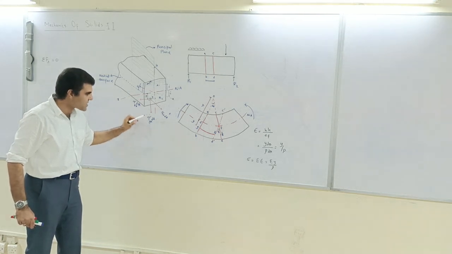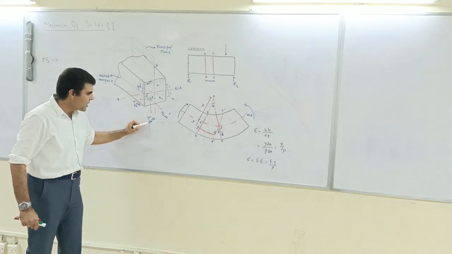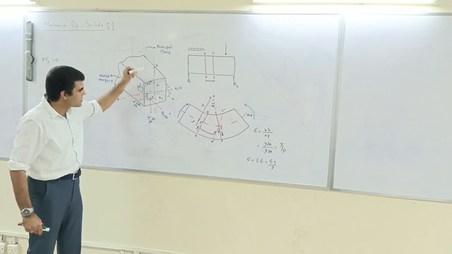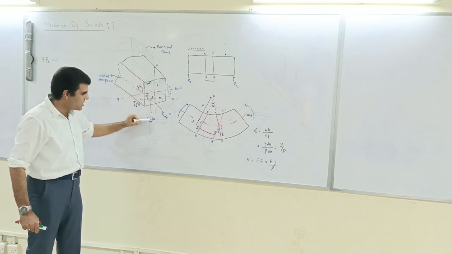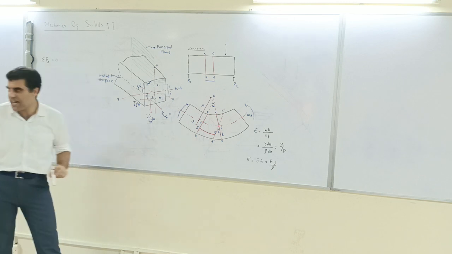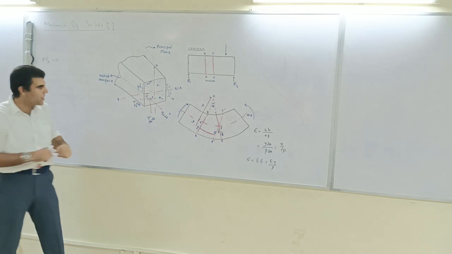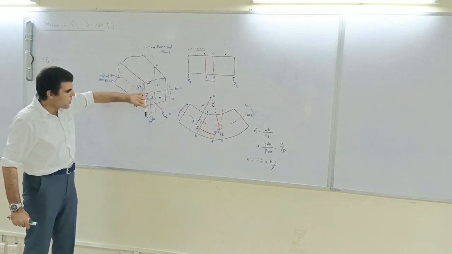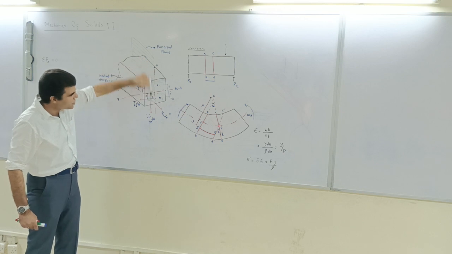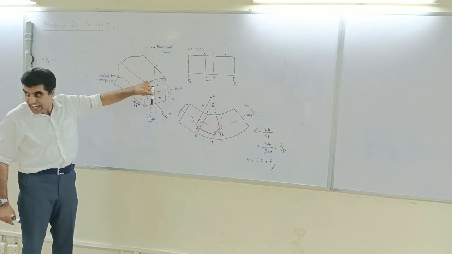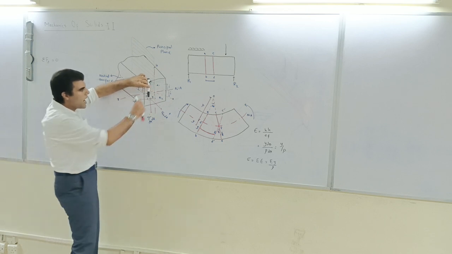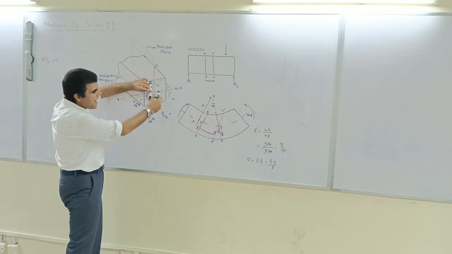What is tau yx? Tau yx is the force in y direction on the cross section whose outward drawn normal is in x direction. So in other words, tau yx means that you have this shear stress which is in the y direction, and it is on which area, which cross section? It is on that cross section where you have the outward drawn normal in the x direction.